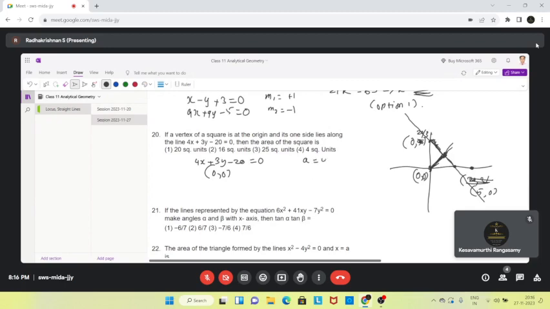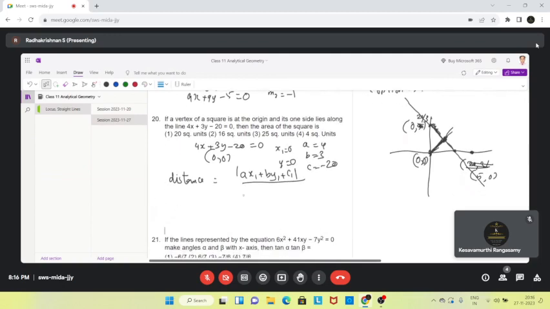So here again, a equal to 4, b equal to 3, c equal to minus 20, x1 equal to 0, y1 equal to 0. So the distance is, here ax1 is 0, by1 is 0.